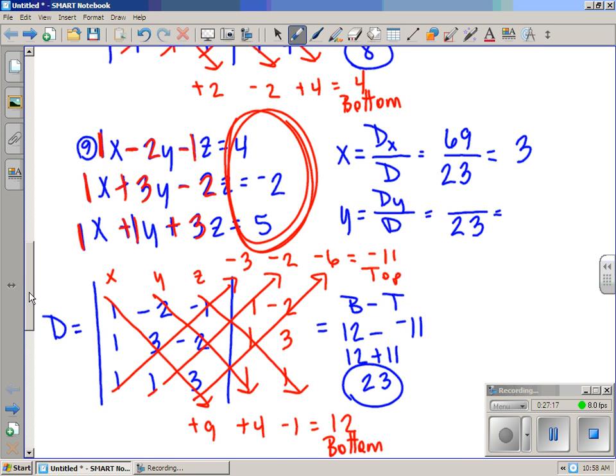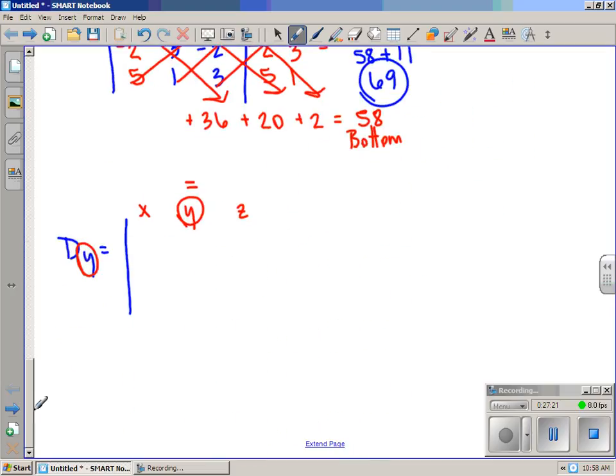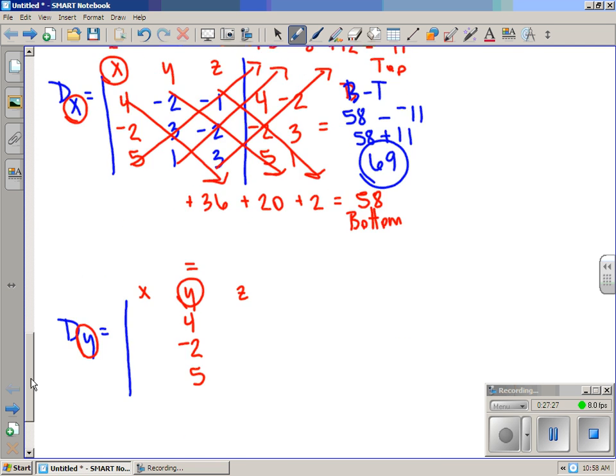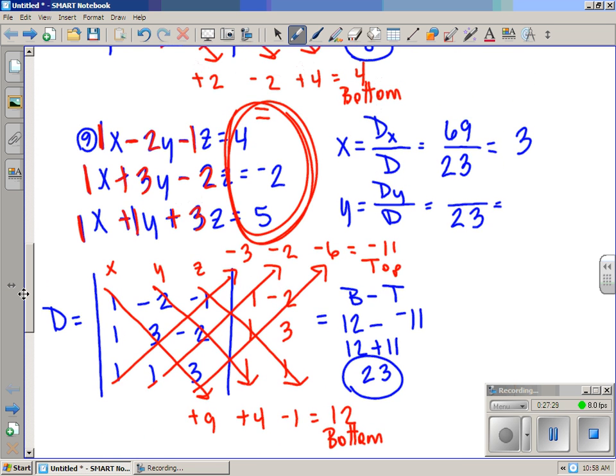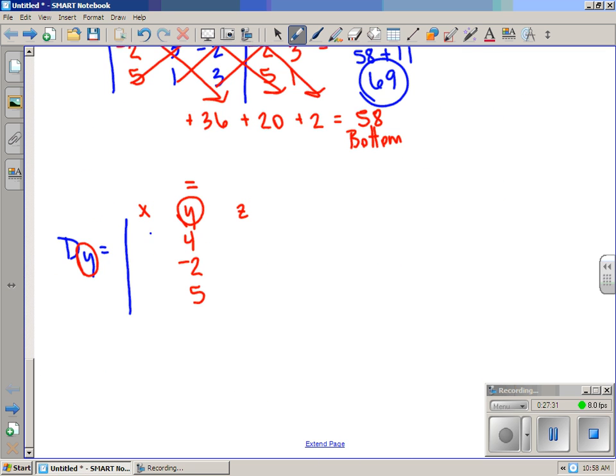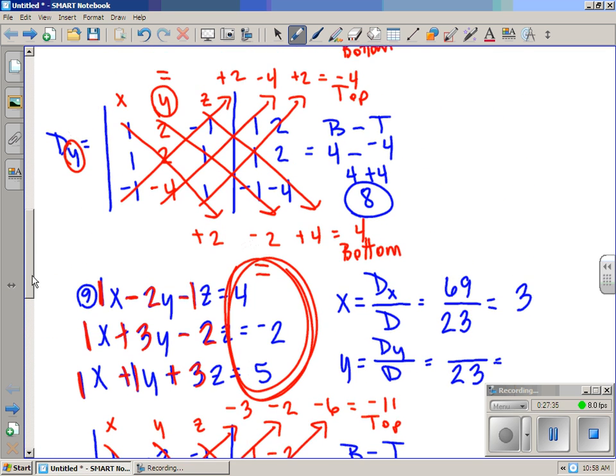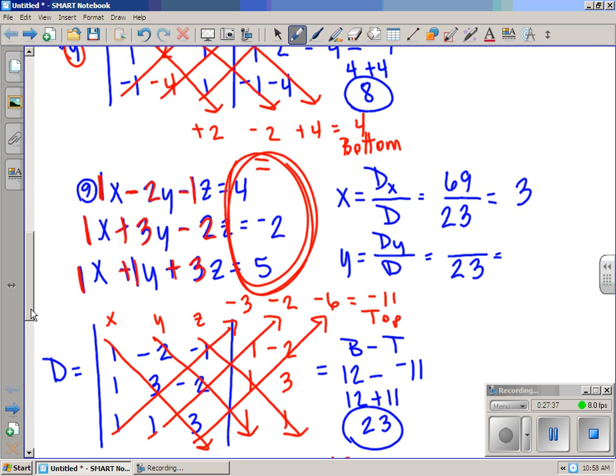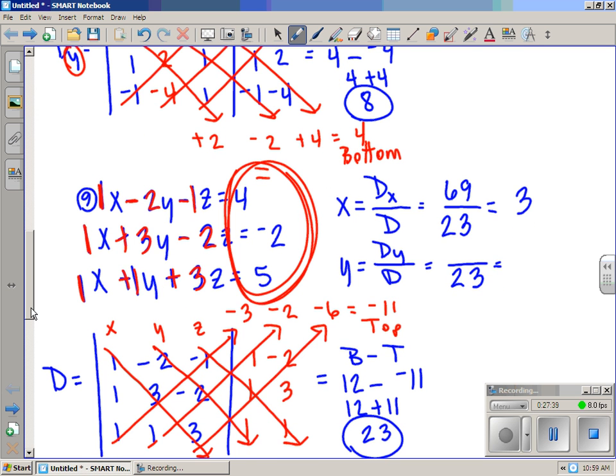The equal numbers were 4, negative 2, and 5. The x column stays x, which was 1, 1, 1. The z column stays z, which was negative 1, negative 2, 3.